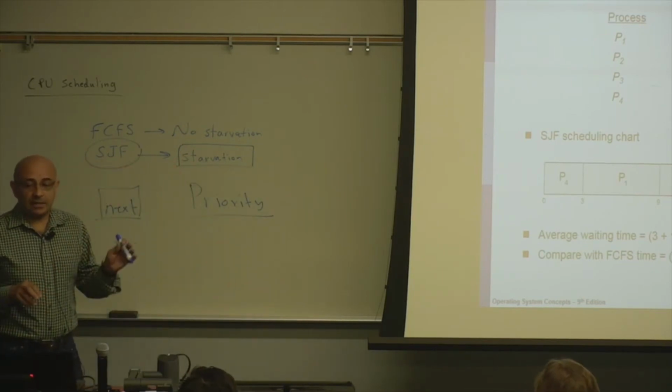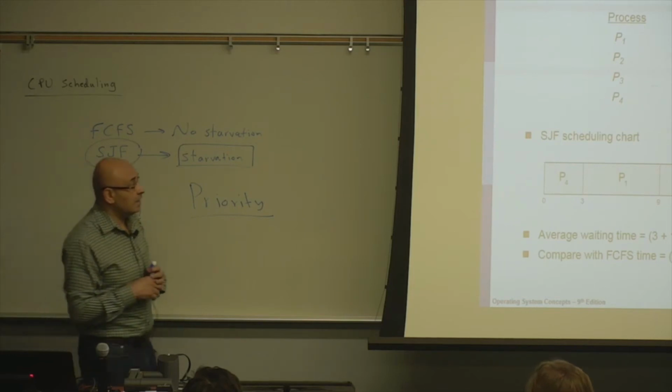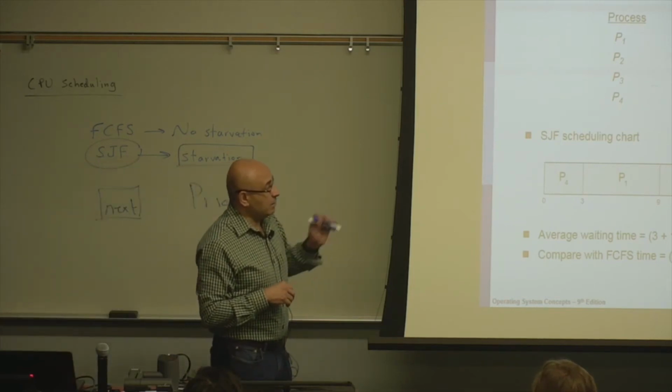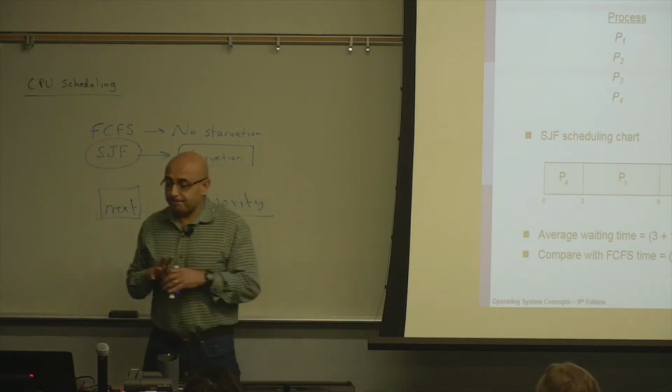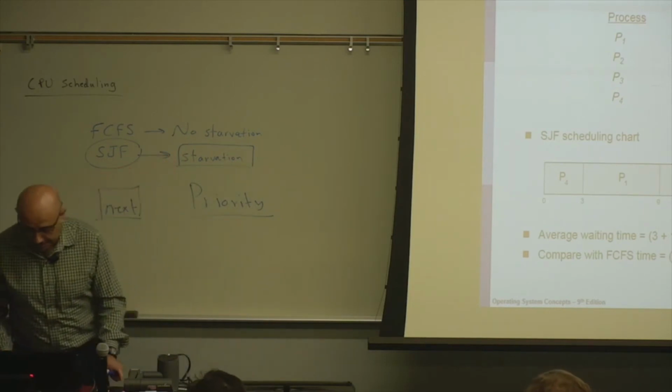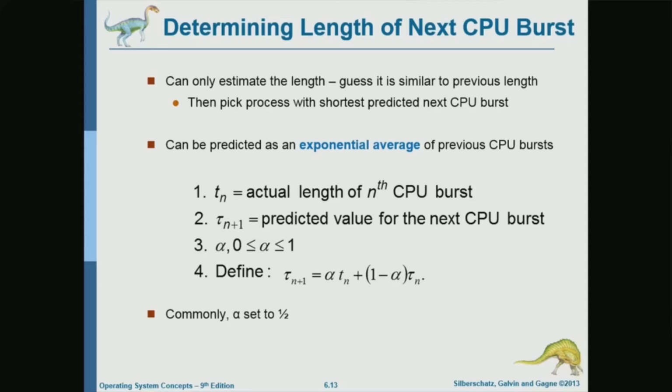And this is exactly what we will be studying today, which is one way of estimating the length of the next CPU burst based on the length of previous CPU bursts.